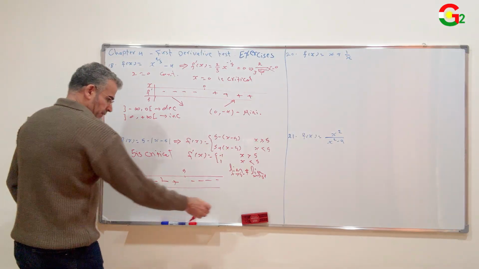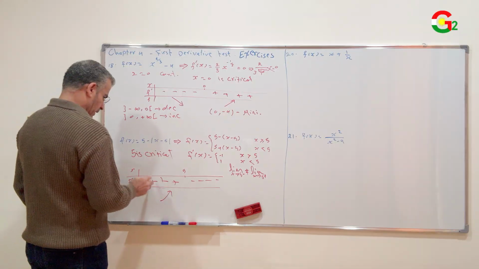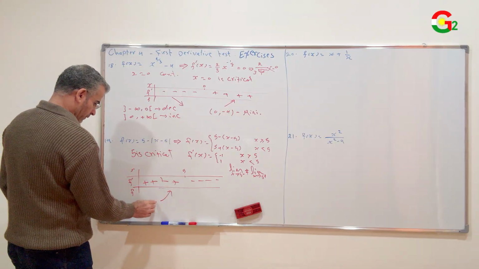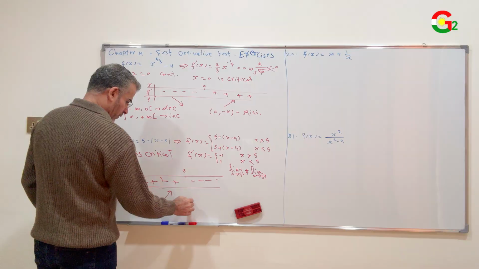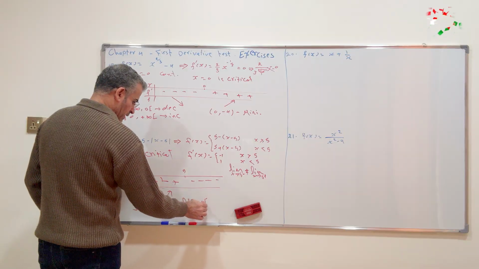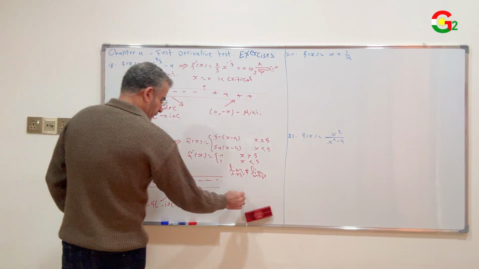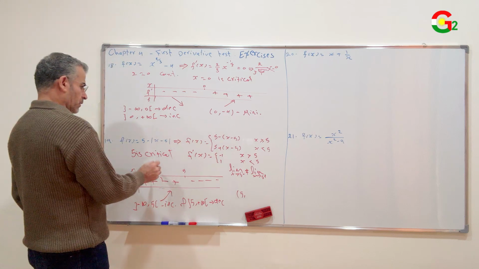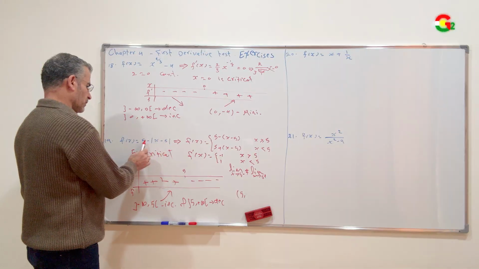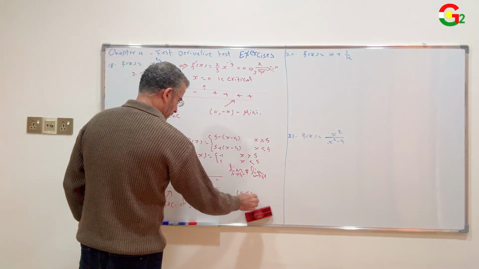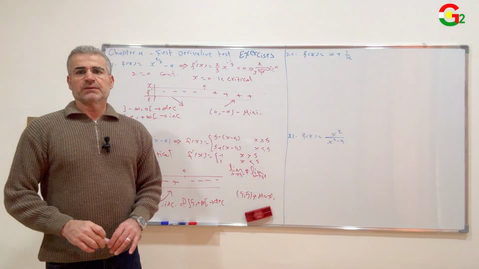Then the interval of increasing is from negative infinity to 5, and from 5 to positive infinity is the interval of decreasing. Find the y coordinate of 5: substitute 5 in the function, 5 minus 5 is 0. Then 5 is a local maximum point for this function.